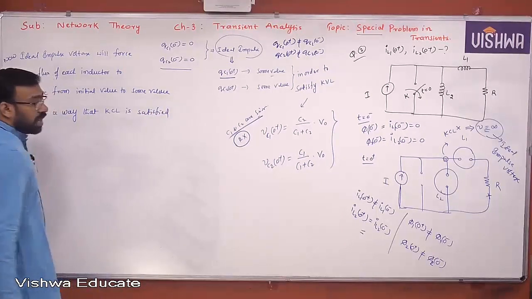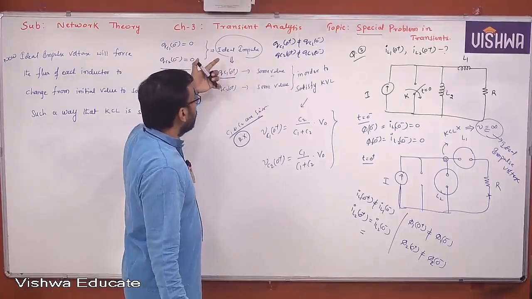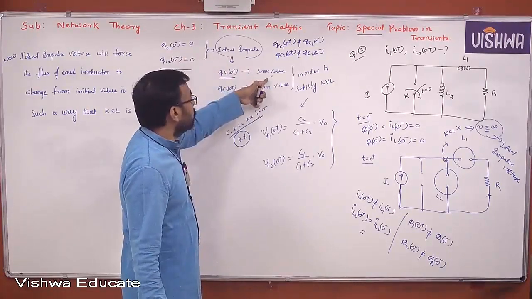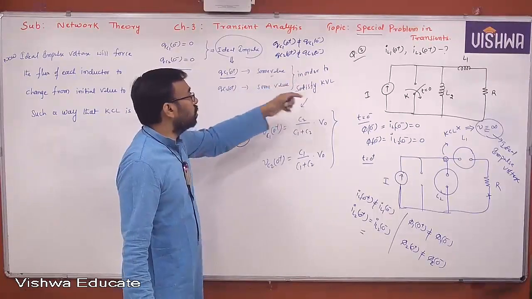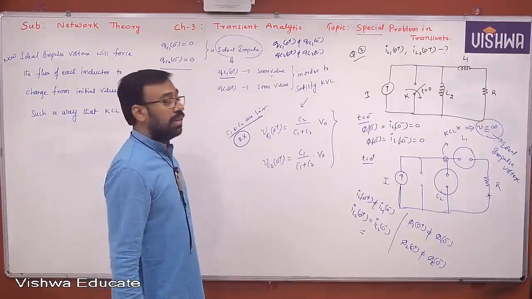You understand all of you? Just like in the previous case, the ideal impulse current will force the charge to change from initial value to some value. What is that some value? It is in order to satisfy Kirchhoff's voltage law in the previous case. Now it is in order to satisfy Kirchhoff's current law.